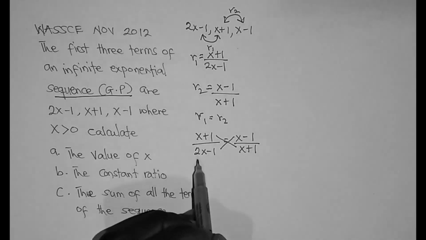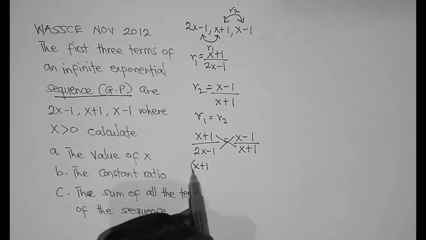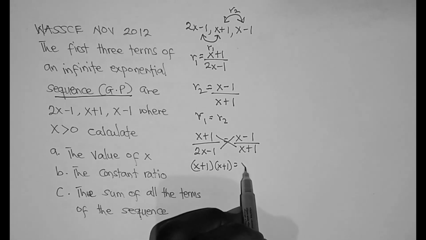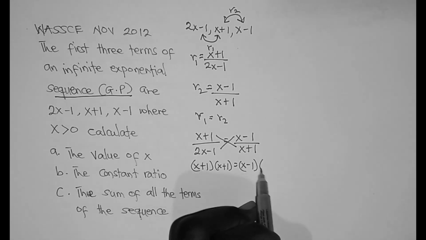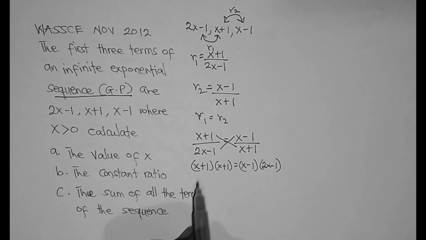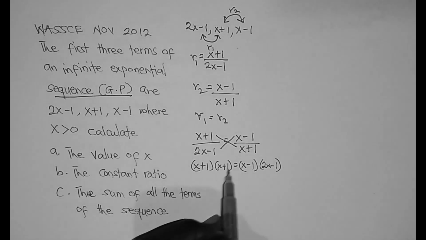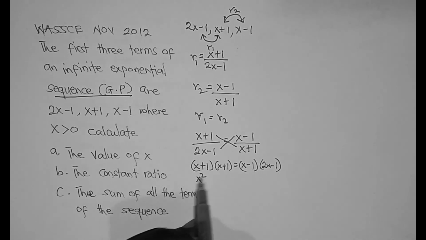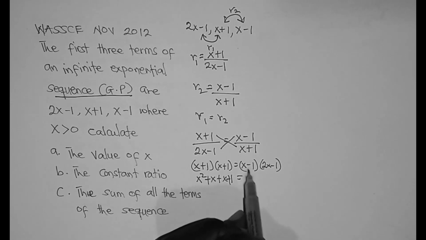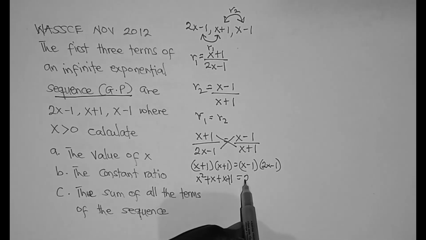So this becomes x plus 1 times x plus 1 equals x minus 1 times 2x minus 1. So let's multiply. So this x times x is x squared, then x times 1 is plus x. 1 times x is plus x, and 1 times 1 is plus 1 equals x times 2x is 2x squared.